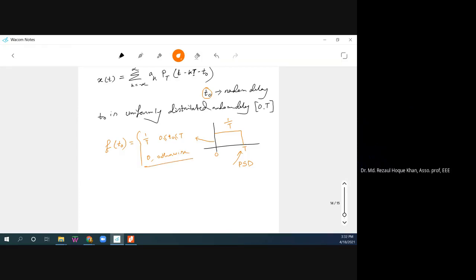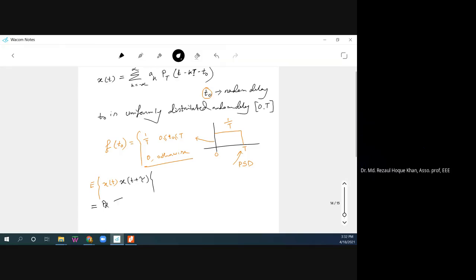Okay, that's its distribution. Now, we will rewrite this equation again. The expected value of x(t) x(t plus tau). Remember what our previous equation was?